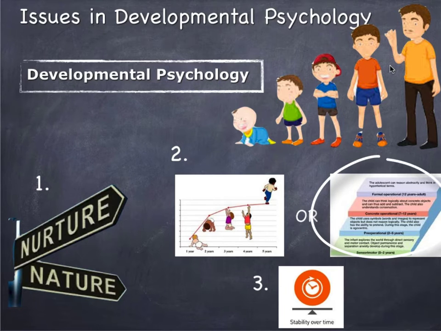And then thirdly, to what extent are personal characteristics stable over time? Is who you were as a child really just who you become as an adult, just a grown-up version of yourself? That's part of what developmental psychology wants to tackle.